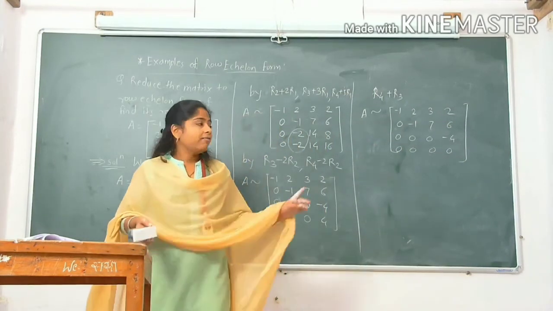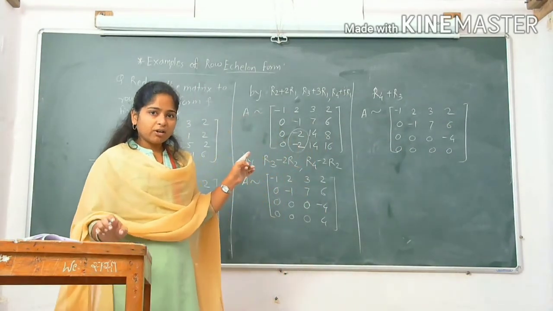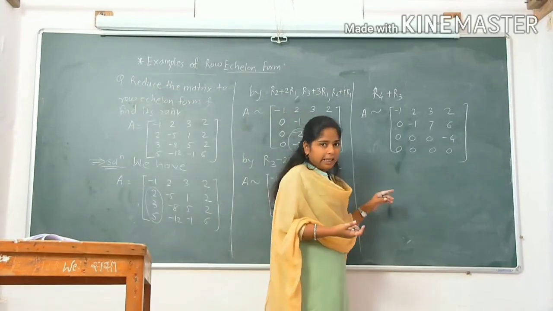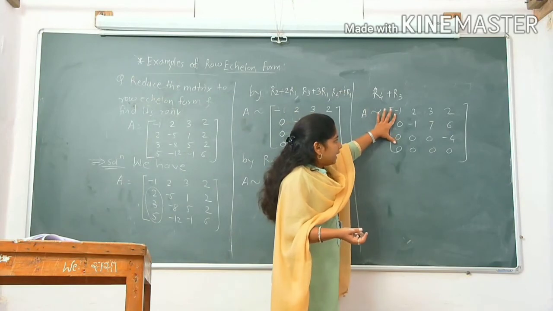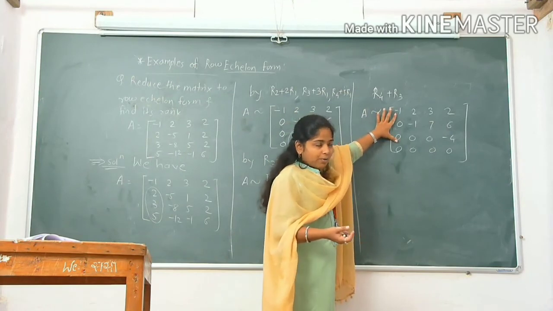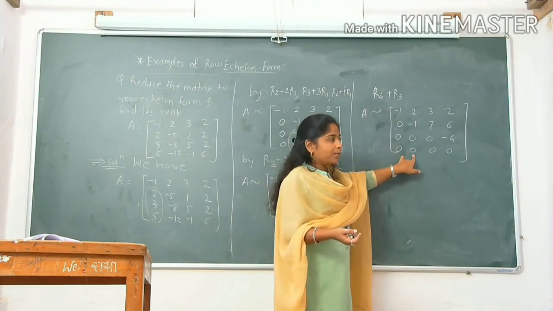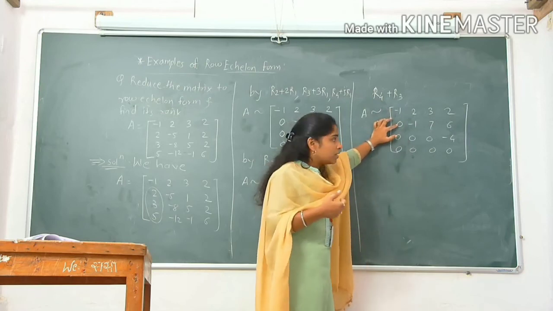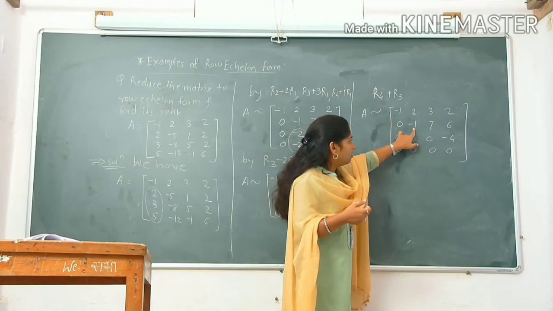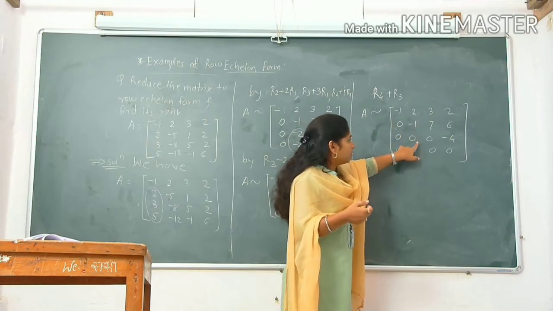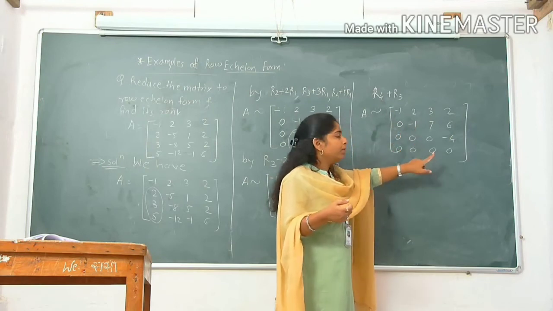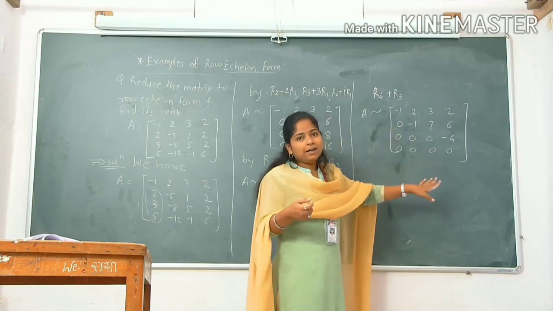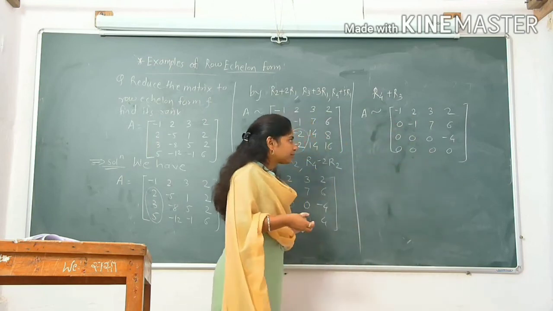Now let us check whether this matrix is in row echelon form or not. How to check? So here in A, we see that all the first non-zero rows precede the zero row. The number of zeros preceding the first non-zero element in the second, third and fourth rows are 1, 3 and 4, which are in ascending order.